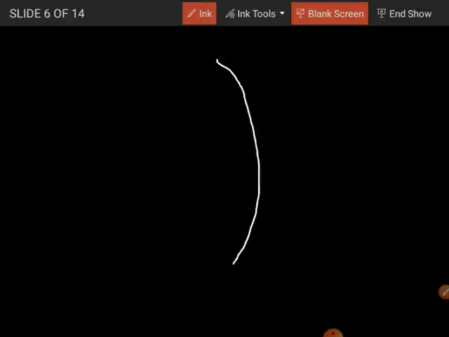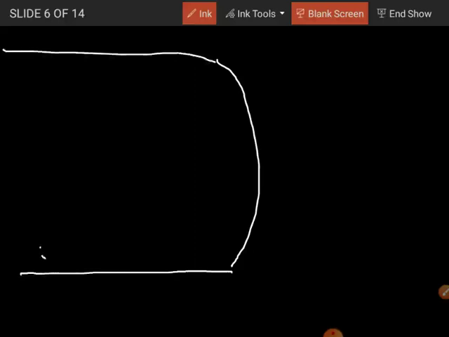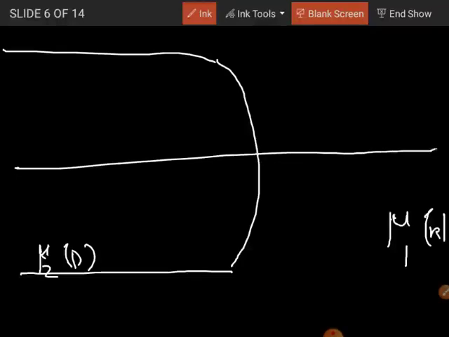So this will be the convex surface toward the rarer medium, and this is the denser medium having refractive index mu2, and the refraction is from denser to rarer. Your principal axis is somewhere here. This is the pole, and let's take the center of curvature here.